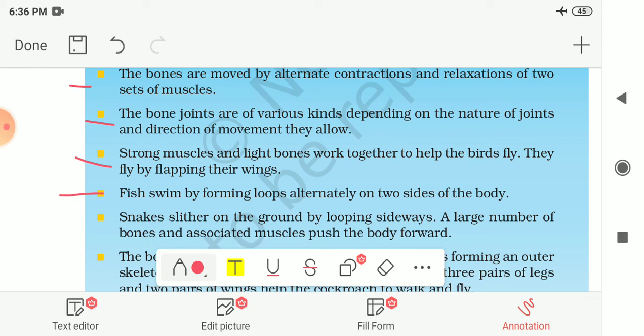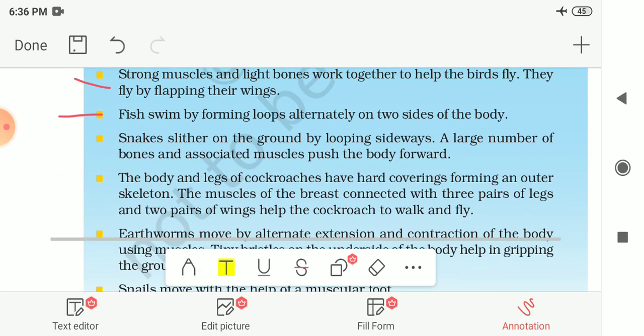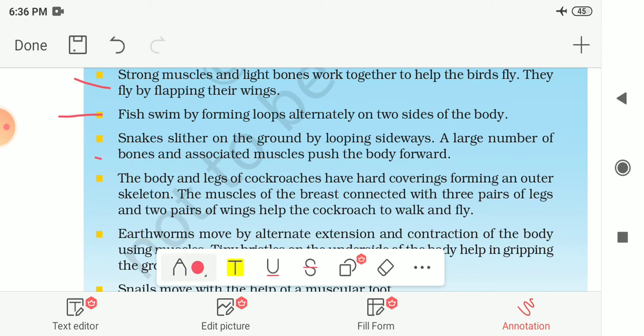Fish swim by forming loops alternately on the two sides of the body, so that means it moves the fins in opposite directions. The snake slithers on the ground by looping sideways. A large number of bones and associated muscles push the body forward.